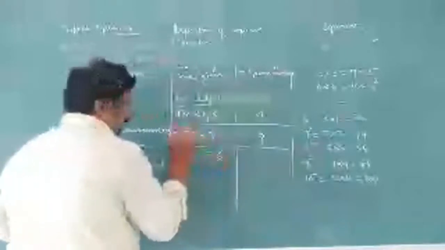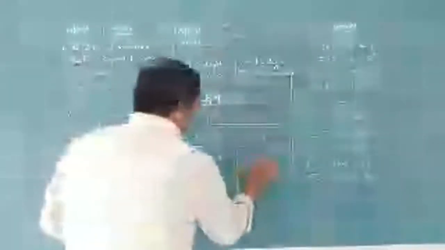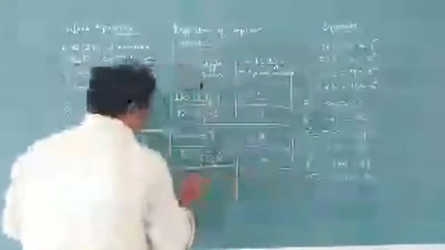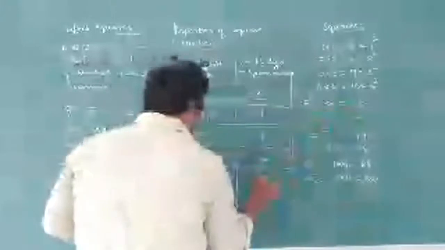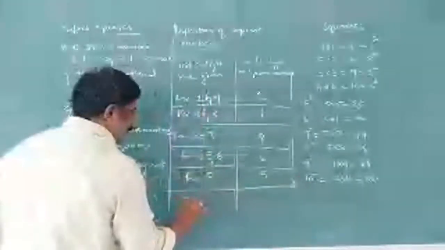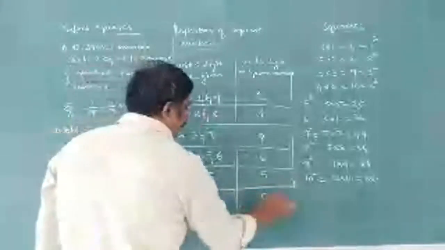For 4 and 6, 4 4 is 16, 6 6 is 36, 6 and 6 we are getting here. So we will write 6. For 5, 5 5 is 25, so simply we will get 5. And lastly, for 0, we will get 0.